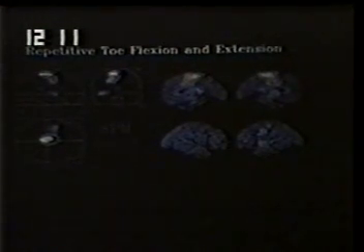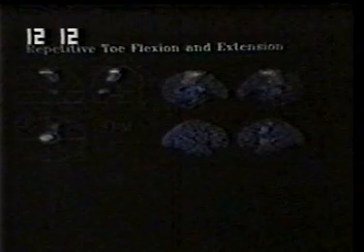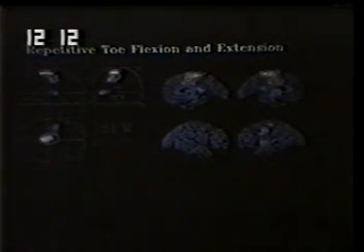Now here's another positron emission tomography scan, and this time we've asked the normal subject to do repetitive toe flexion and extension. And as you would expect in this particular circumstance, the primary motor cortex for the foot is not on the lateral aspect of the hemisphere, but more near the top and on the mesial surface.